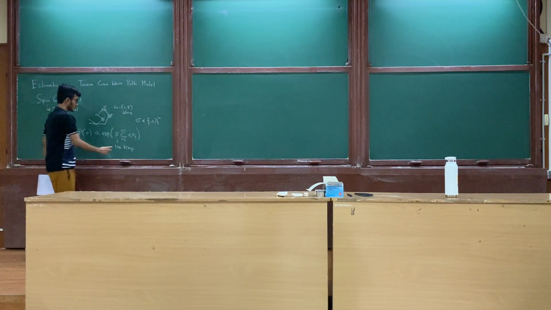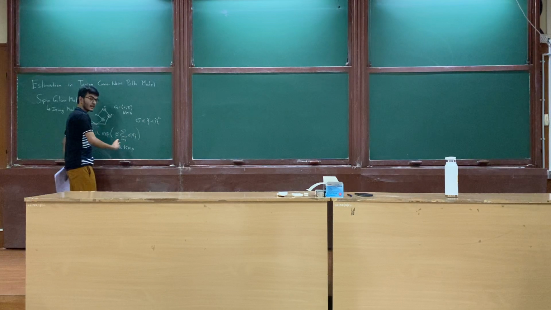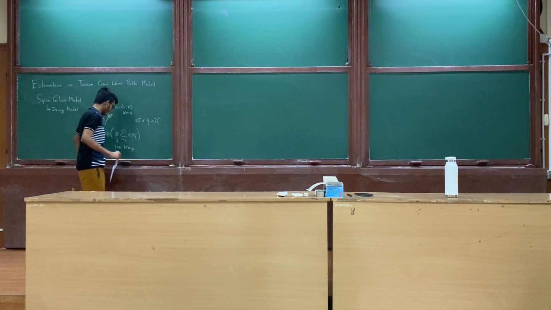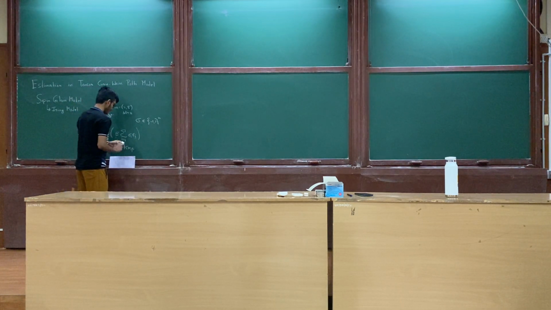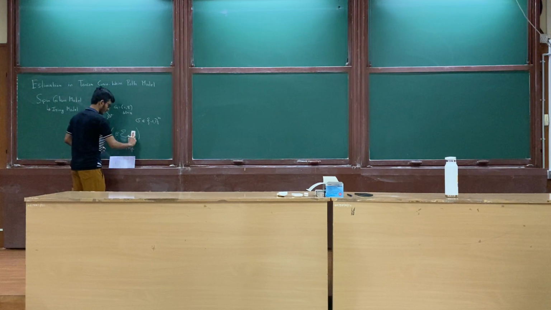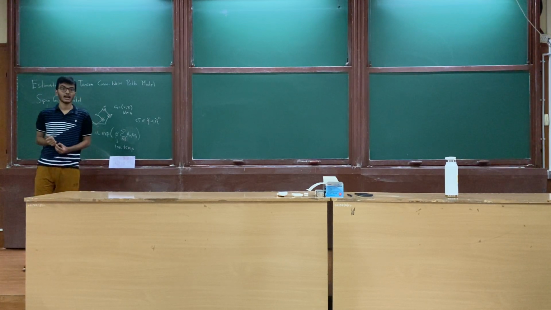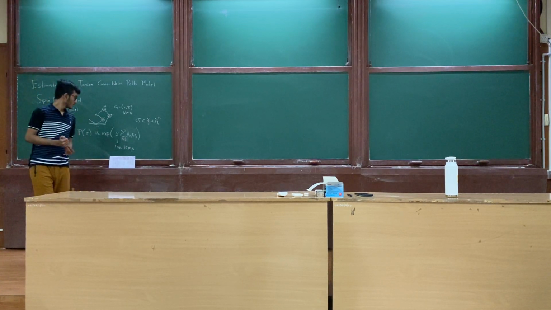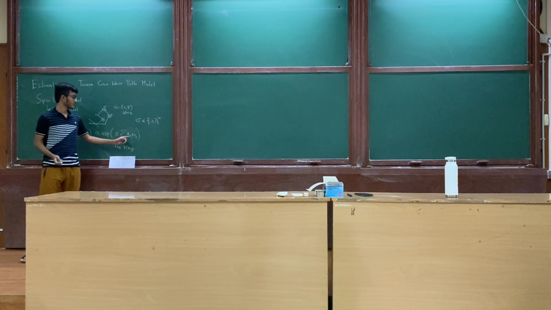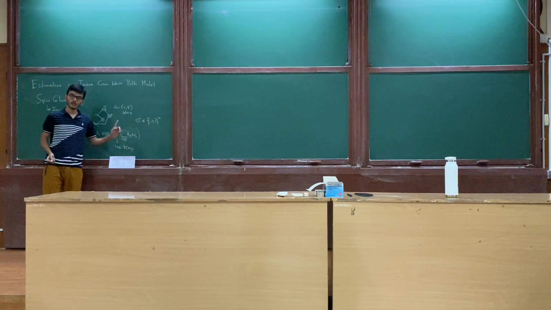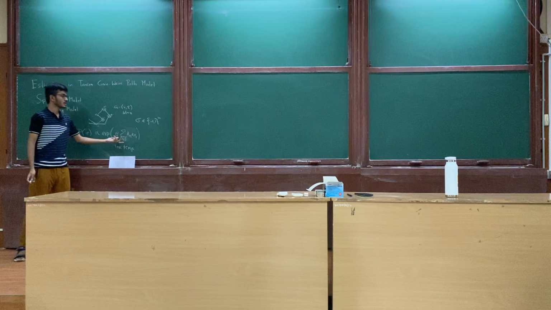Anyway, now this thing can be written in a different way: a sum over all i, j, with A_ij. What is this A_ij? It is basically the adjacency matrix of the graph. You can see that if i is adjacent to j, then 1 will come here and will add only on those points. But what is special about A_ij?